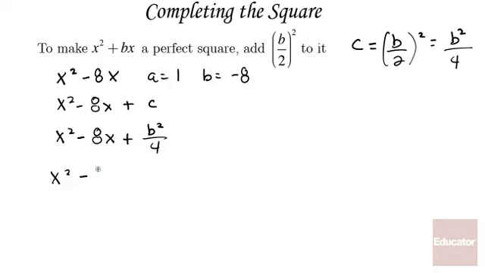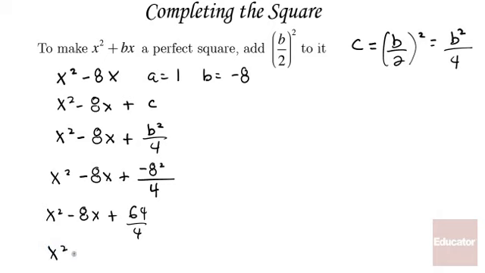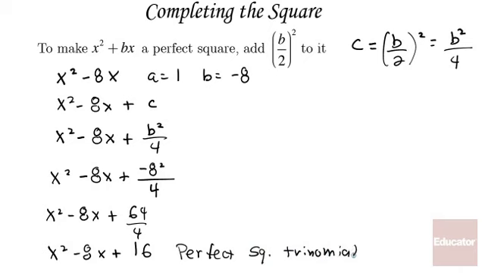Therefore, I have x squared minus 8x plus negative 8 squared over 4. That's x squared minus 8x plus 64 over 4, to get x squared minus 8x plus 16. And now I have a perfect square trinomial. Earlier I talked about how, if you thought you had a perfect square trinomial, you can check it by seeing if the constant is equal to this.